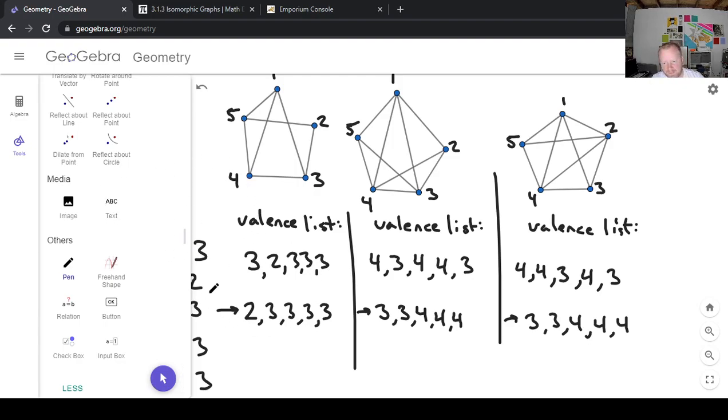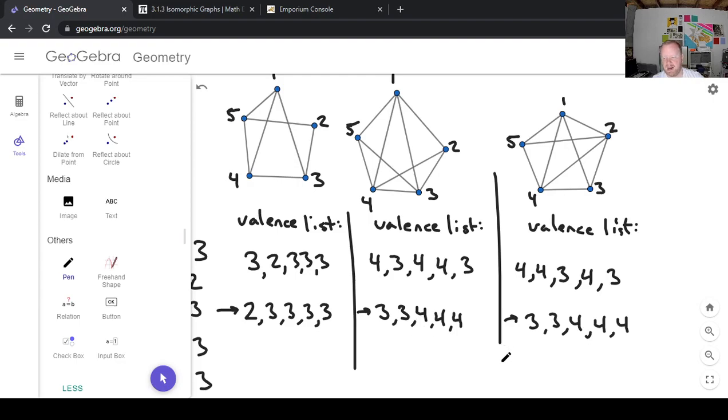What we can infer from this, right? We've got this valence list that's got 2 and a bunch of 3s, and this one has only 3s and 4s. So that means that this one on the left, graph A, let's call it, graph A cannot be isomorphic with graph B, all right?